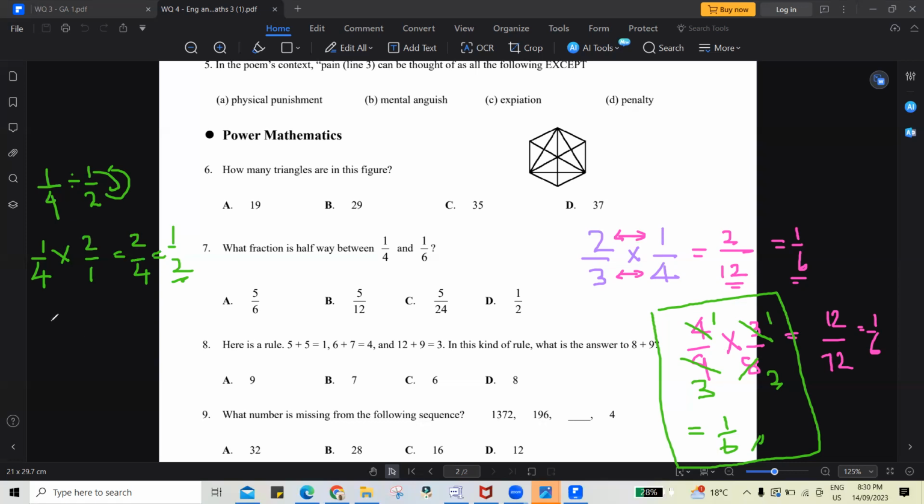Got it? Example, 1/9 multiplied by 2/3. Can you try? Okay.